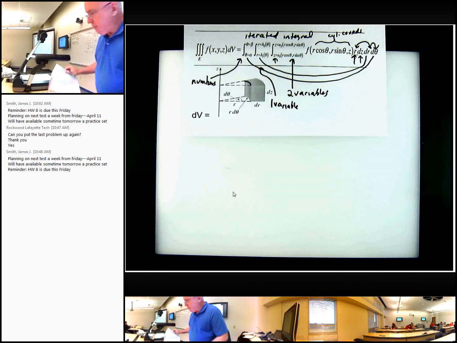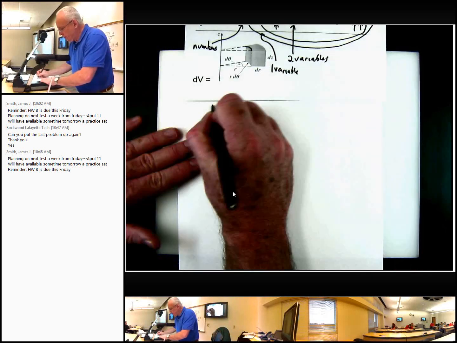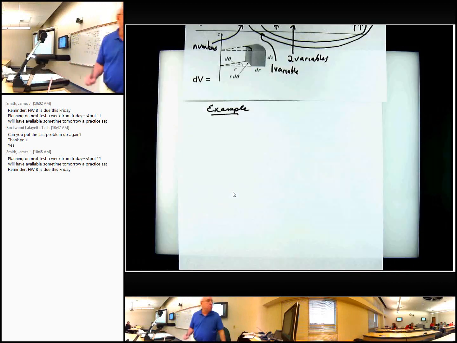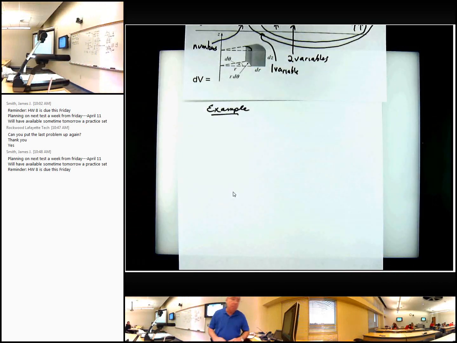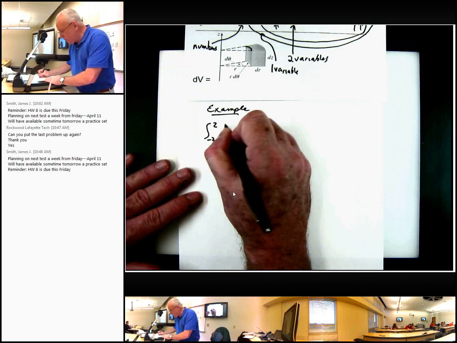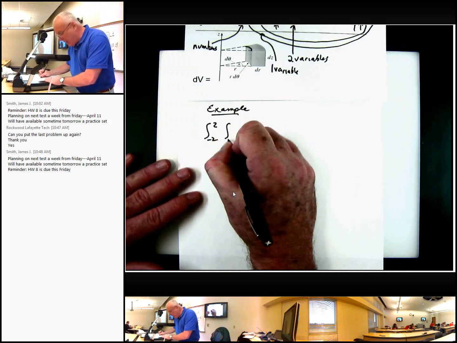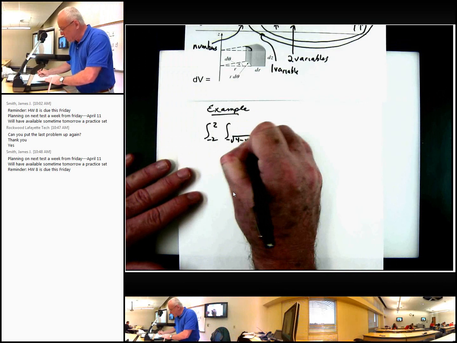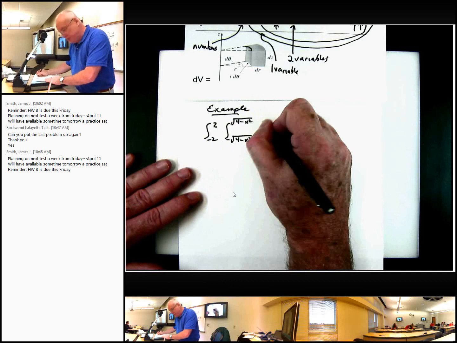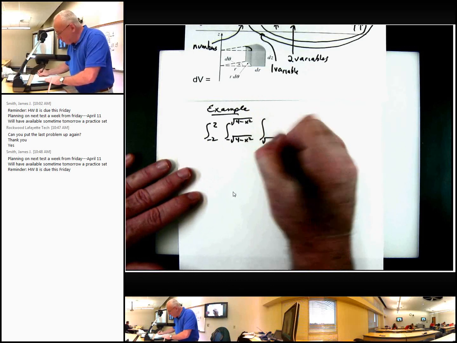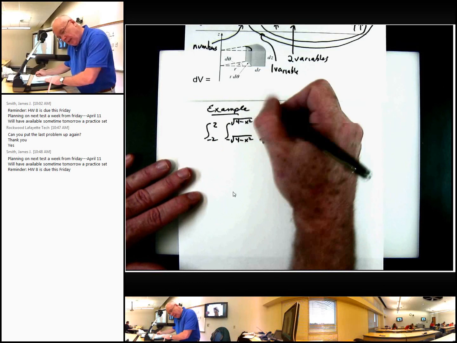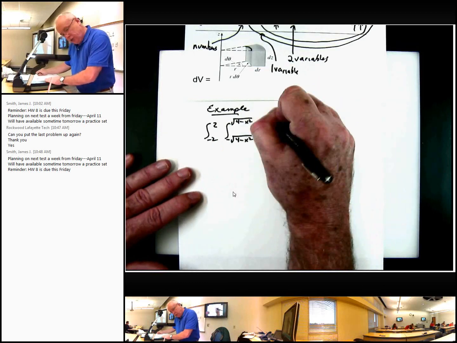And so we want to evaluate the following. Integral from -2 to 2 of minus the square root of 4 minus x squared up to plus the square root of 4 minus x squared. The inside one is the square root of x squared plus y squared, and the upper one is 2.